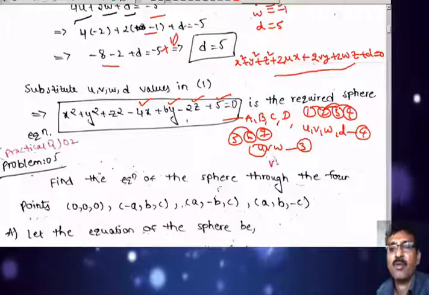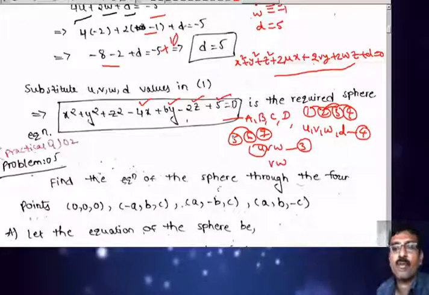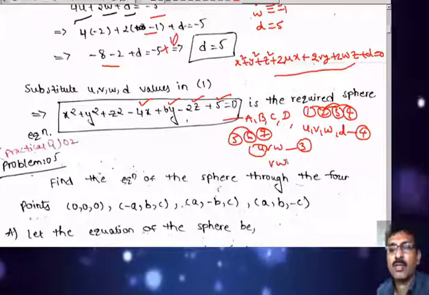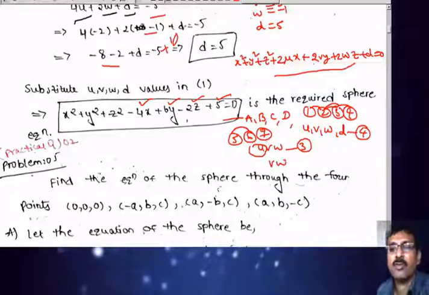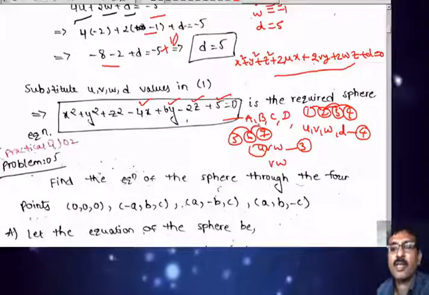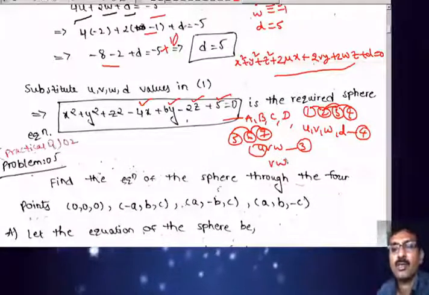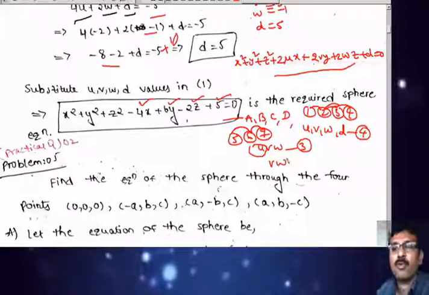Finally we have v and w. So taking the 5, 6 equations and eliminating u, we get an equation in v and w.